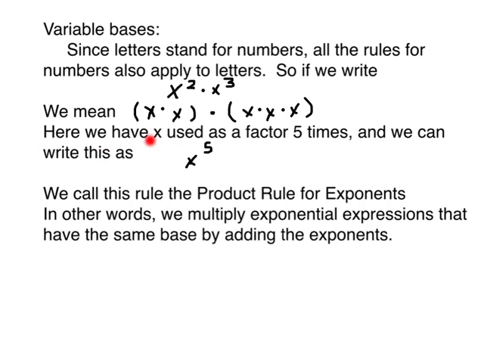So here we've used x as a factor 5 times, and we can write this as x to the 5th. What we call this rule is the product rule for exponents. In other words, we multiply the exponential expressions that have the same base simply by adding the exponents.